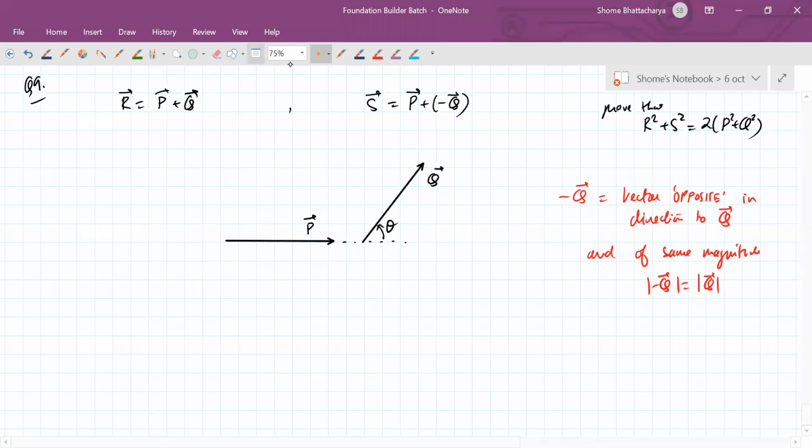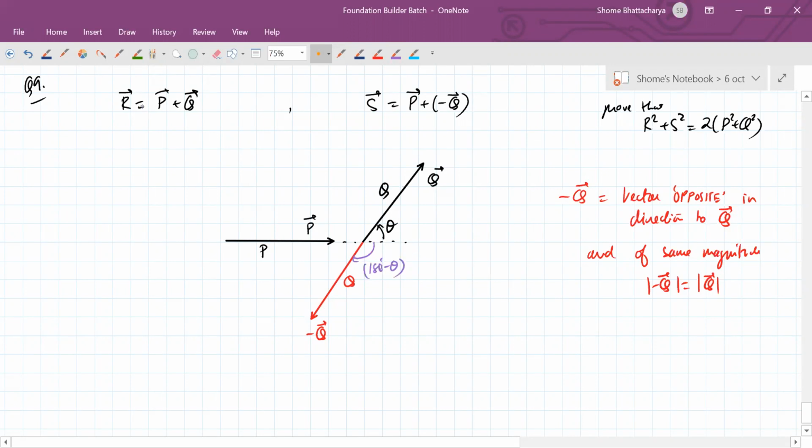Okay. So in this diagram now, if I want to draw this vector, it will become this one, like this. Okay. So this will be the vector minus Q. Its magnitude will be the same as the magnitude of this one, Q, but the direction will be opposite. Okay. So this angle now you can see will become 180 minus theta.